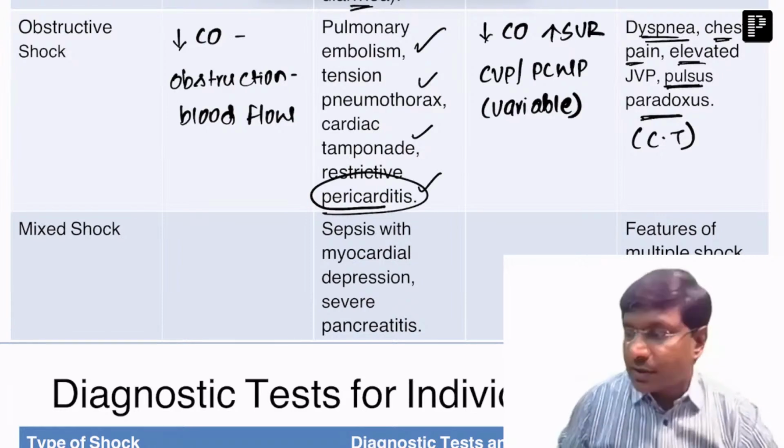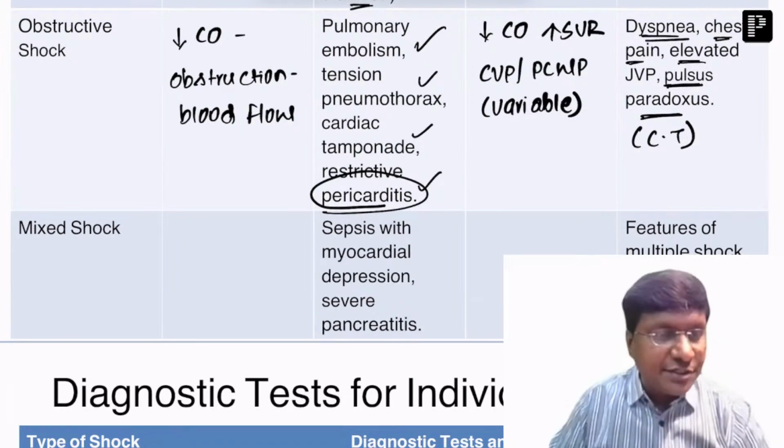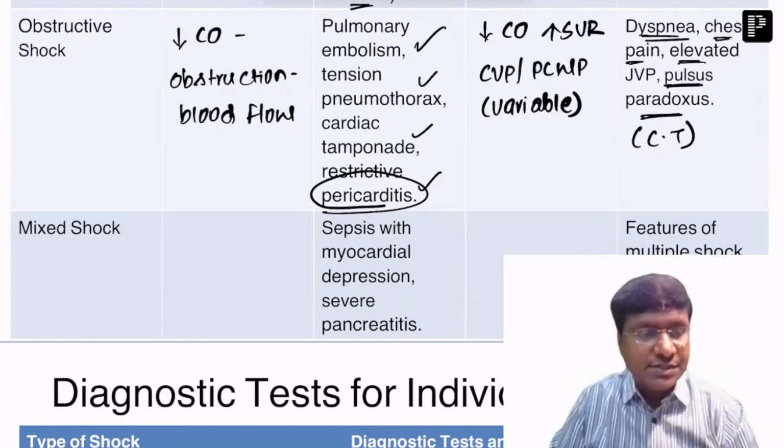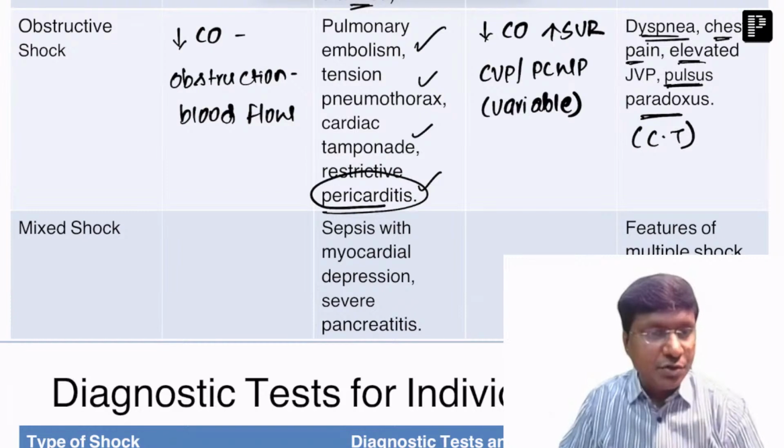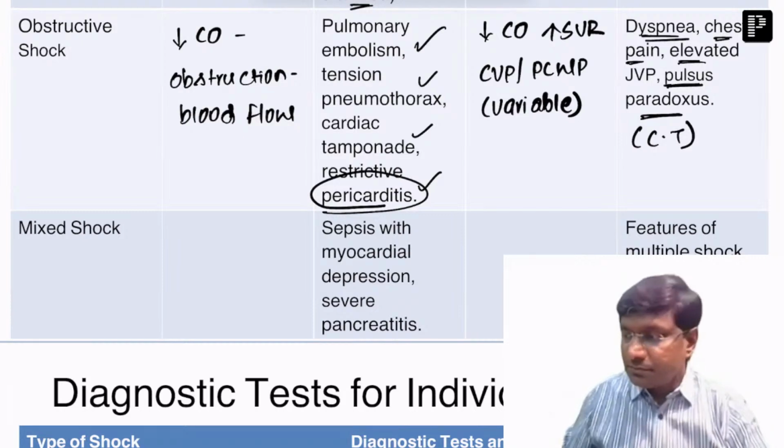Okay. So now, can anyone tell me the definition of pulsus paradoxus? How much will be the fall in systolic blood pressure upon inspiration? Right.